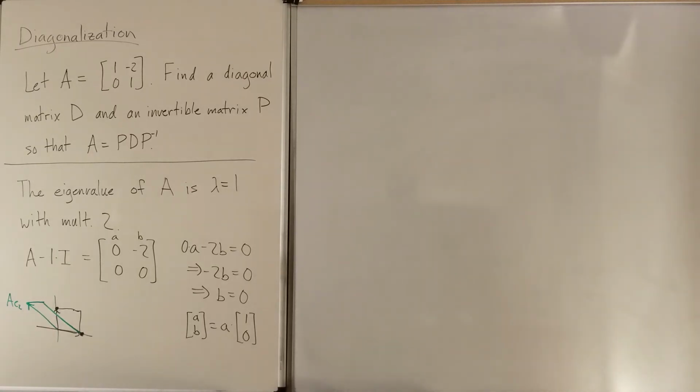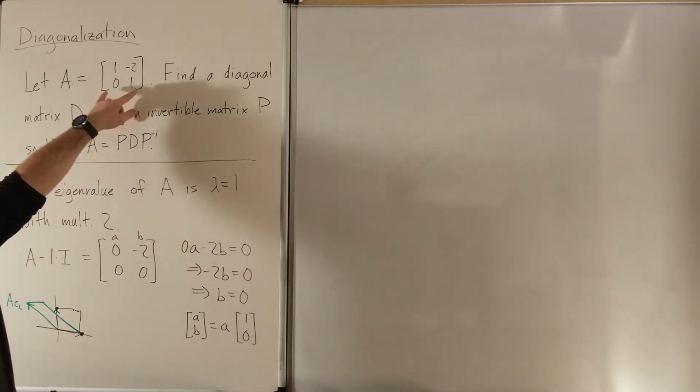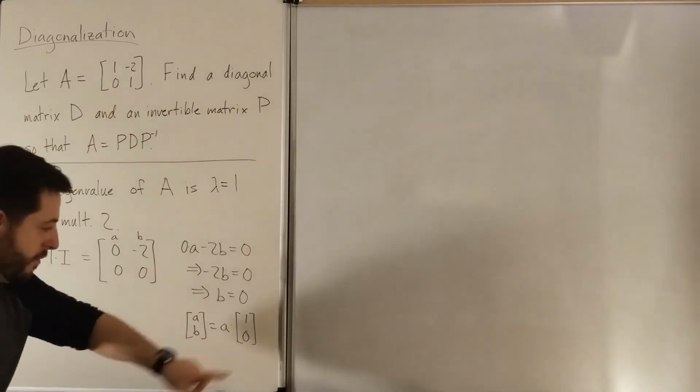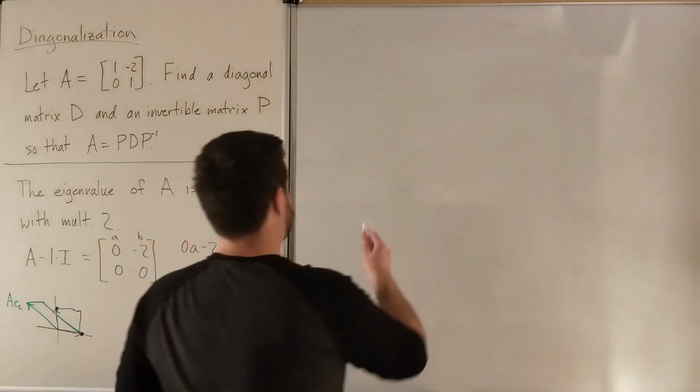In order to form P, we need enough linearly independent eigenvectors to form a matrix out of. And what that means here is we need 2 of them. We only have 1, and what that means is we can't do this.